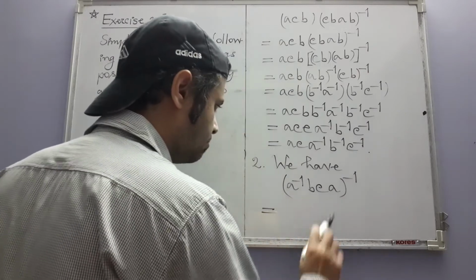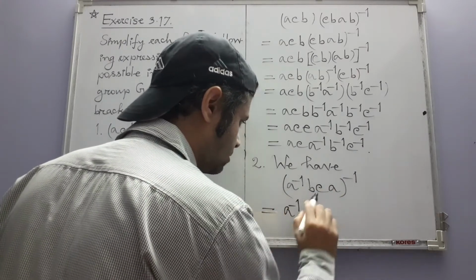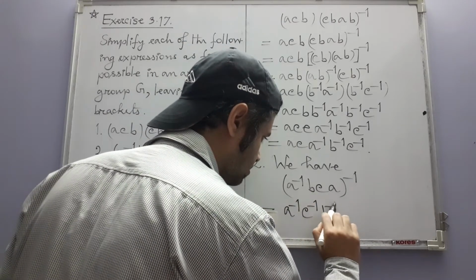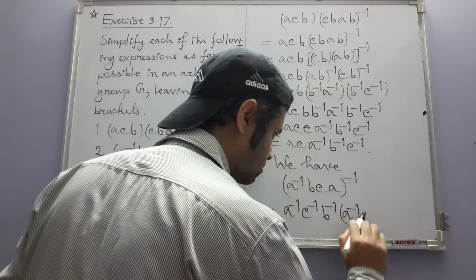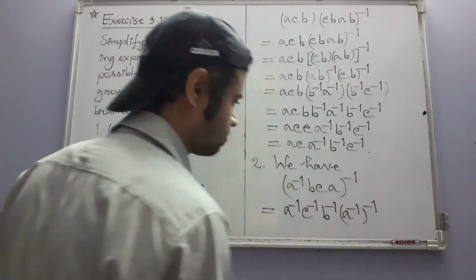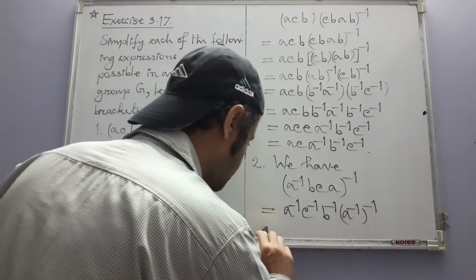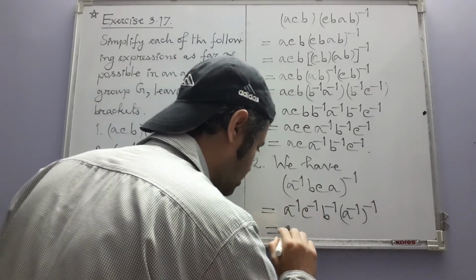So we start from here: A inverse, then C inverse, then B inverse, and then the inverse of A inverse. And of course, you cannot actually do anything else with these first three factors.